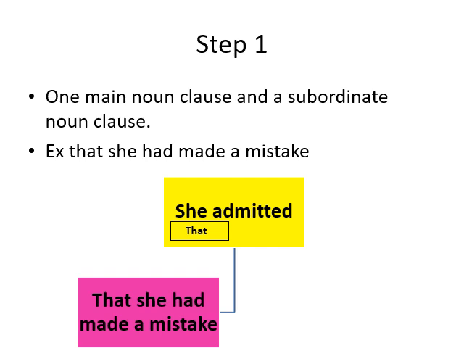So that she had made a mistake is the subordinate noun clause linked to the main noun clause. So in the hierarchy chart, we place the main noun clause she admitted on top and then link the subordinate noun clause in a vertical order. Now let us proceed to step 2.